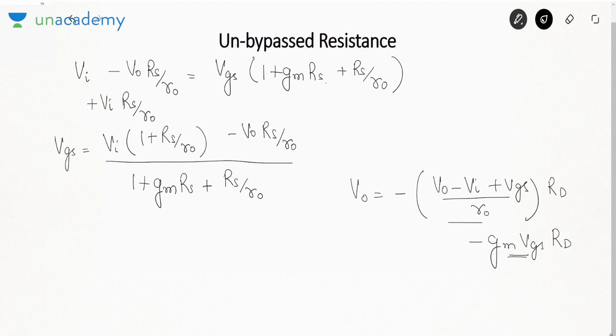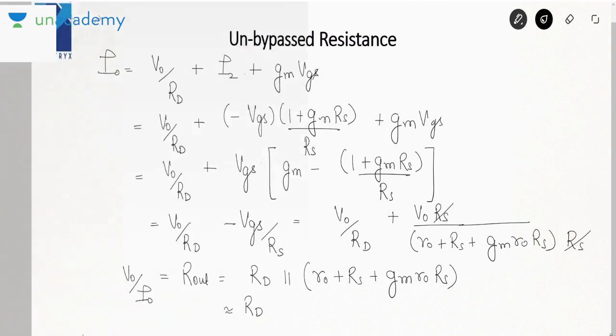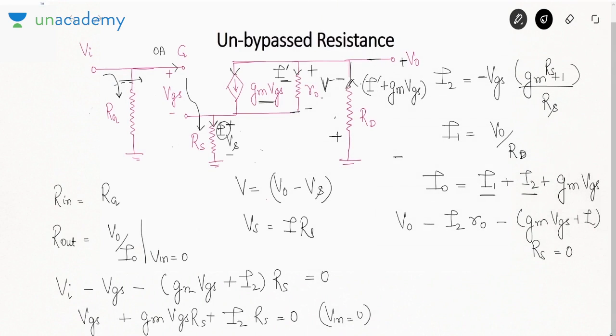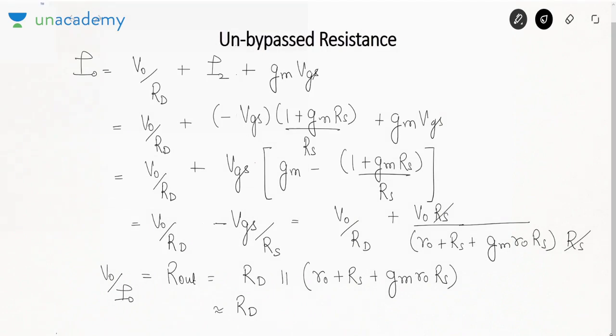Or basically what you can do is, see one more thing. If you want to simplify, right? gm VGS plus I dash is I. This current is I, so this current is also I. So you can say V0 is minus I into RD.